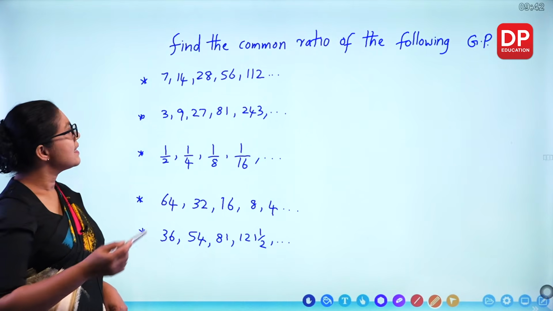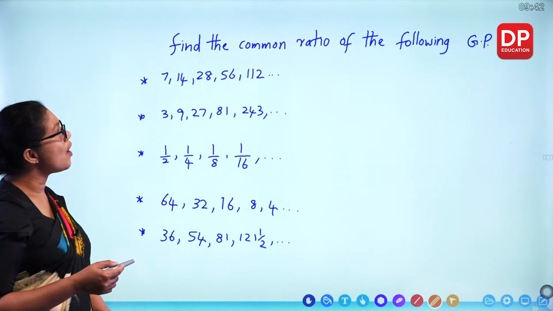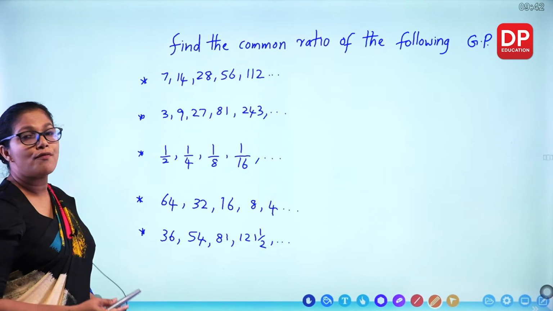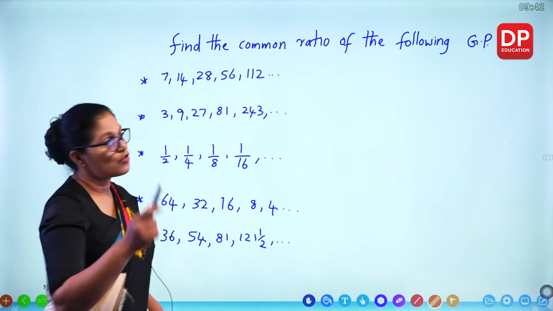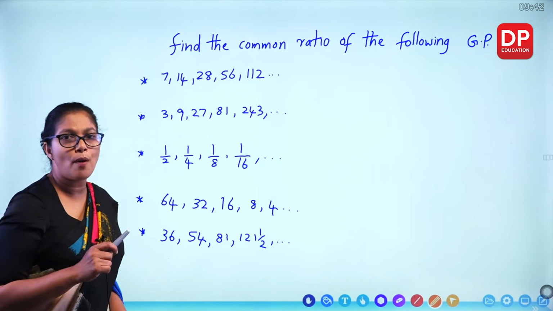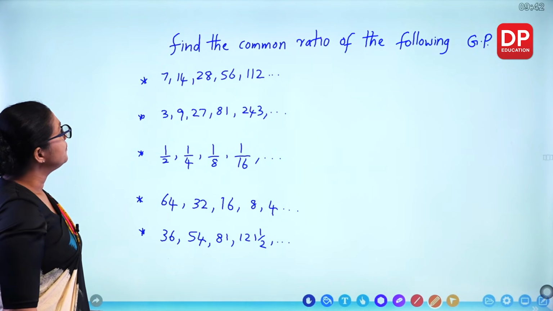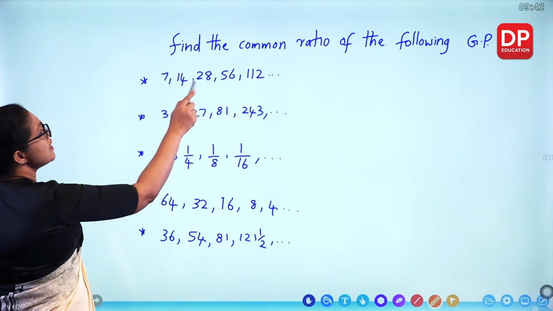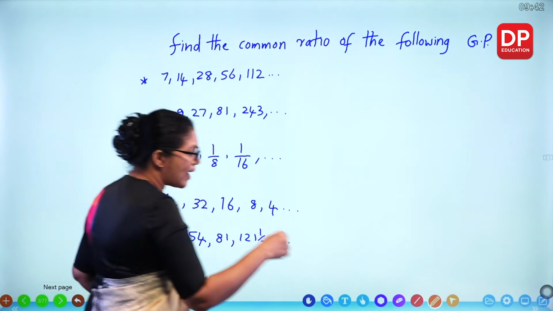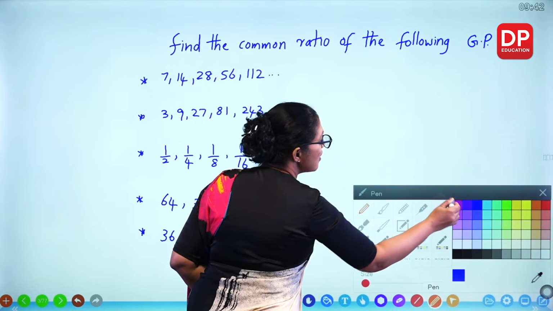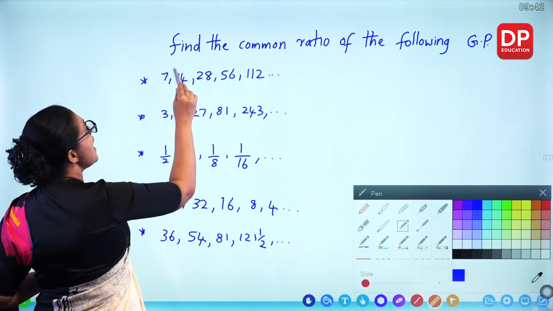Now we'll take these examples and find the common ratio of the following GPs. GP stands for geometric progression. Take the first one, 7, 14, 28. So here, how can we find the common ratio? Take any term.